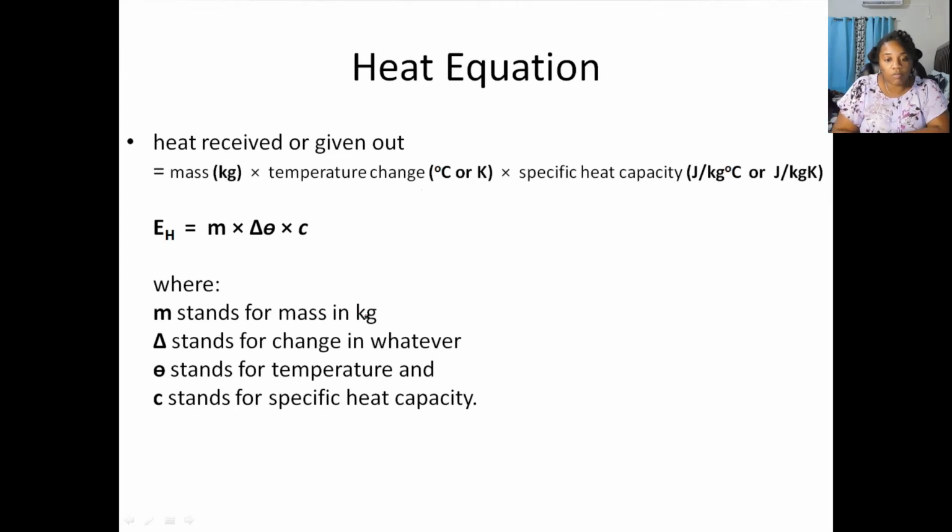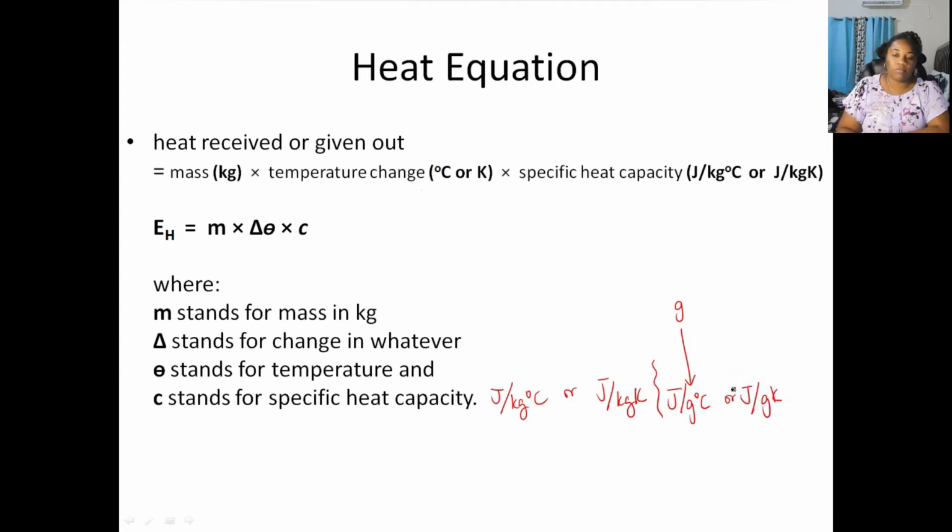In this case, because this is kilograms here, you would use this one or this one. If this were in grams, then you would use joules per gram degrees Celsius or joules per gram Kelvin. Okay? Alright.